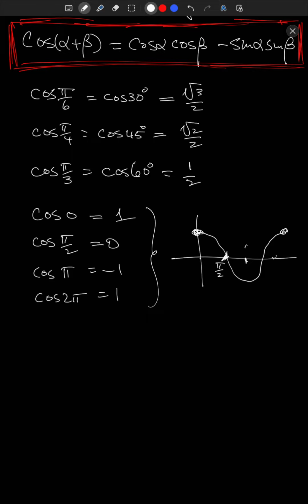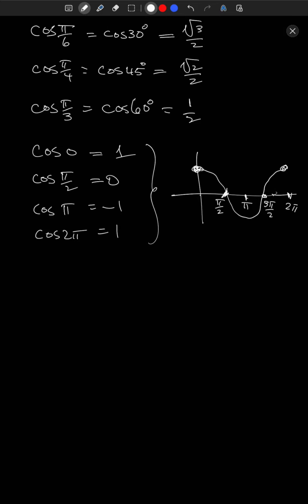This one is pi over 2. This one is pi. This one here is 3 pi over 2. And here we're back to where we started at 2 pi. All right. Or alternatively, you can remember our definition of cosine from our class as the x-coordinate of a point on a unit circle, and all of these pop out immediately.